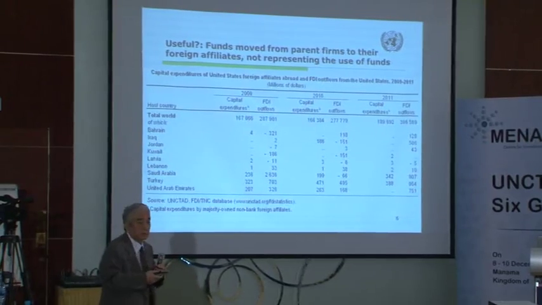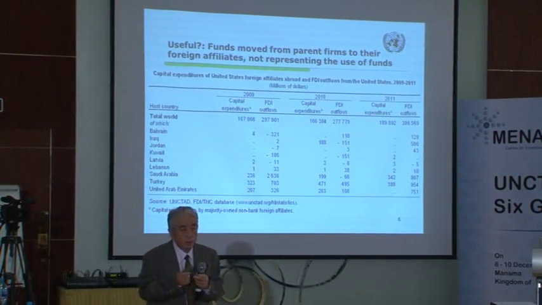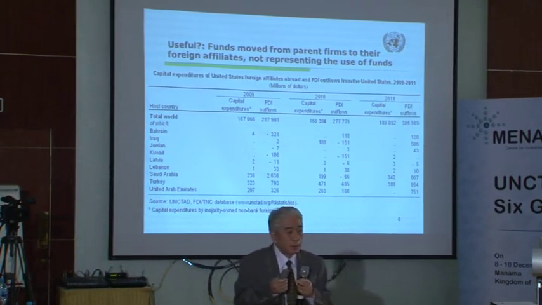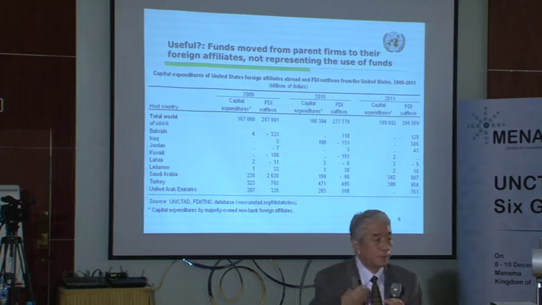For example, Bahrain in 2009: FDI flows reported by the United States were minus 321, which is divestment. United States companies withdrew capital from Bahrain, or may have divested. Divestments you will learn later, but for now simply consider them capital withdrawals. But capital expenditures by United States companies here in Bahrain were even positive, $4 million. It's not negative.